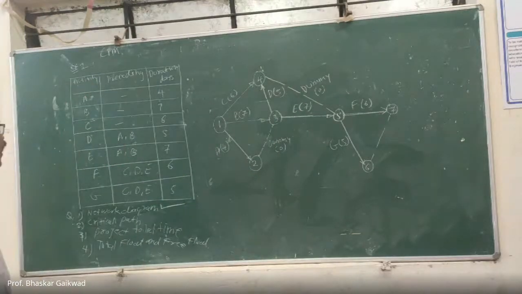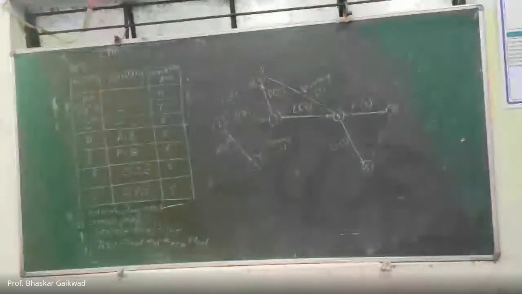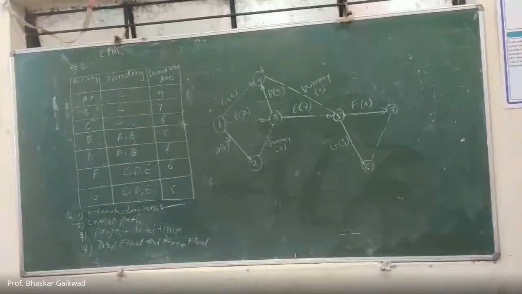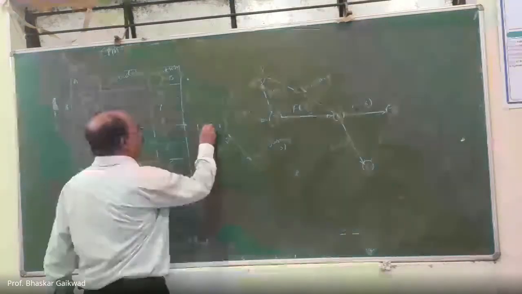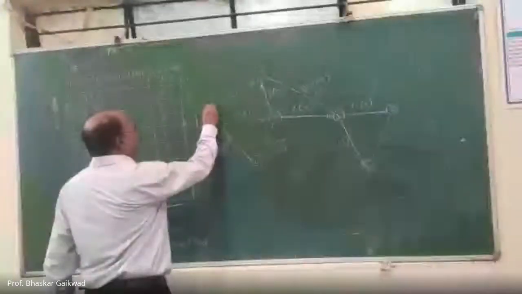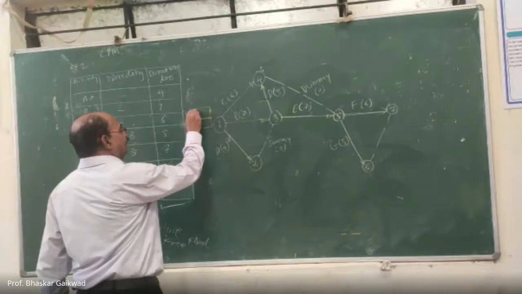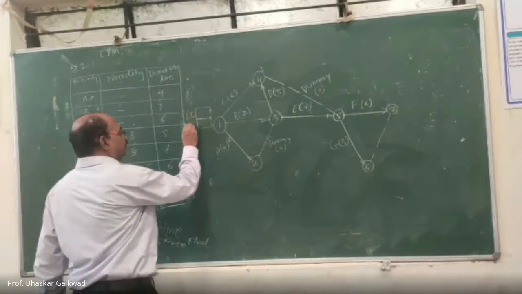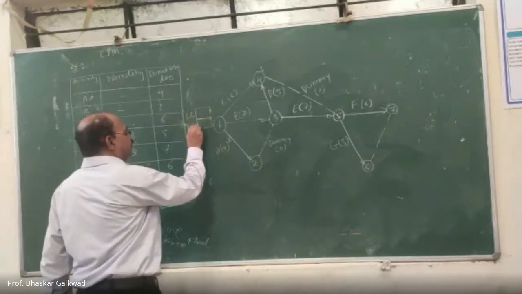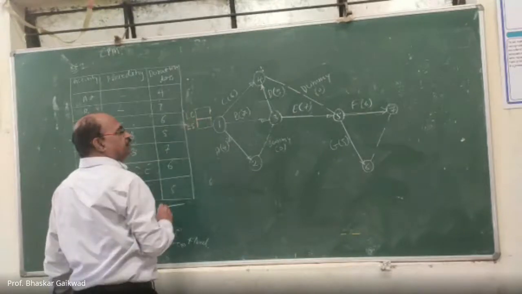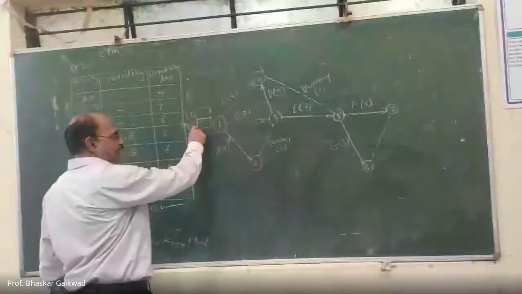Now, our next part is the critical path. In order to decide the critical path, we have to calculate the forward and backward paths. To calculate this, you can make each node like this way. The upper part is called the latest completion time. The lower part is called the earliest start time.